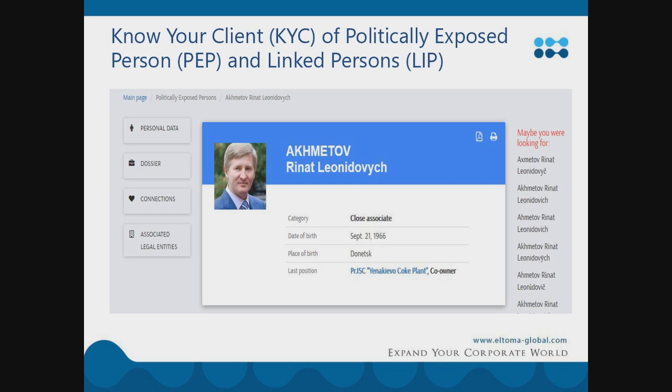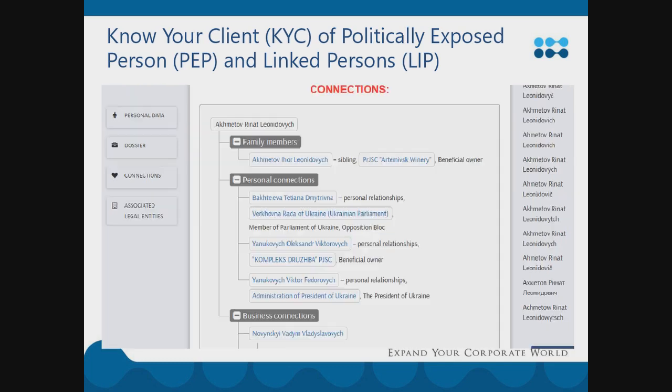Also, if we are talking about a linked person, you will see here the category close associate. A close associate under the law is also a high-risk client, and this person will be identified as a linked person. You will also see the category, last position, date of birth, and place of birth. Some databases may give you additional information about connections: how this person is connected and to whom, such as family members and personal connections.